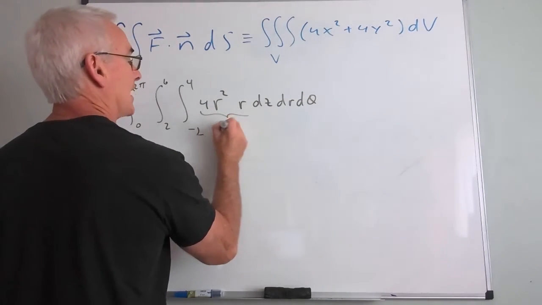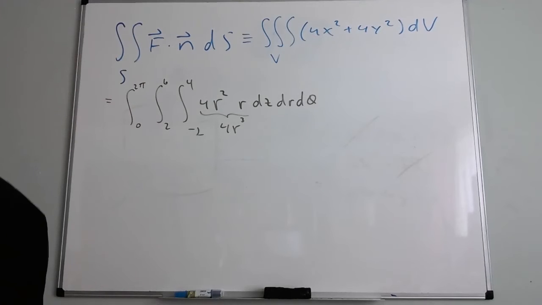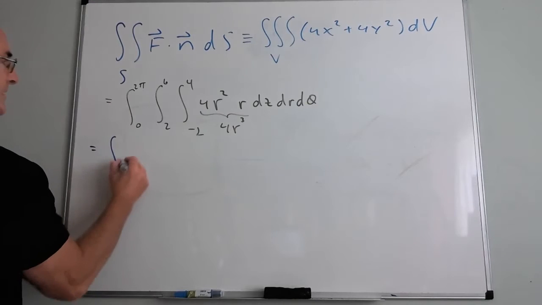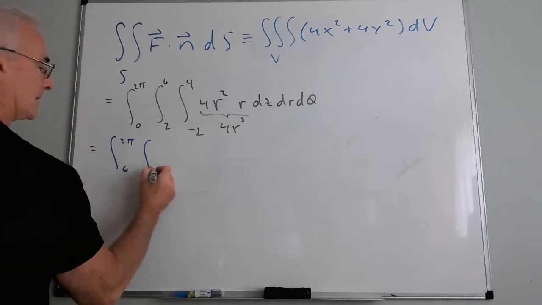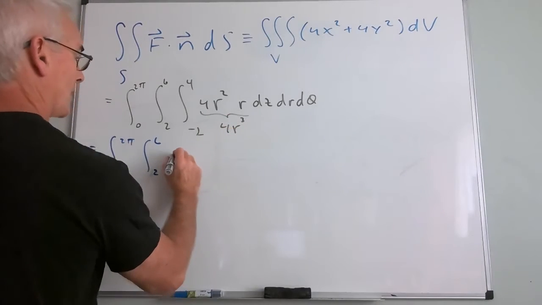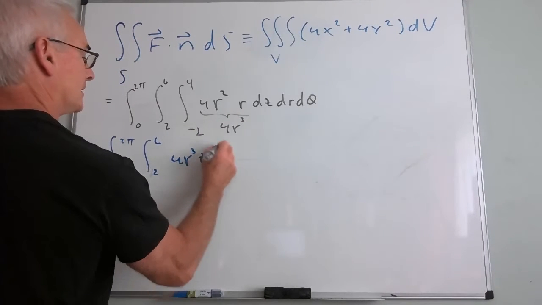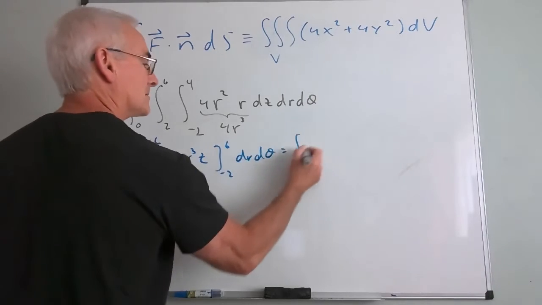So let's just go ahead and make that 4r cubed. Now, when I integrate this, the integration should be pretty low level at this point. This should not be something terribly taxing. So r from 2 to 6, and then here 4r cubed z, dr d theta.